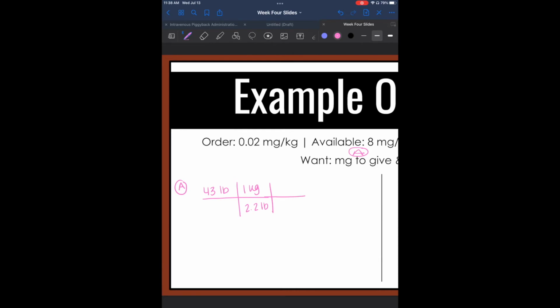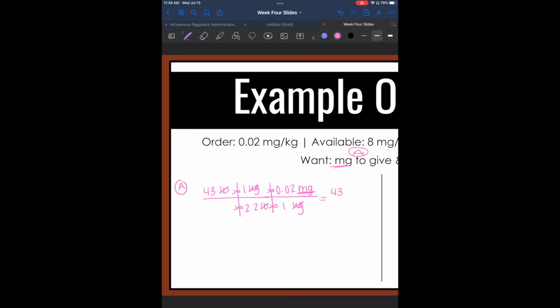So in this case, 0.02 milligrams per 1 kilogram. So pounds cancel out, kilograms cancel out, and we're left with milligrams. So we can start multiplying across the top and the bottom because milligrams is what our answer needs to be.